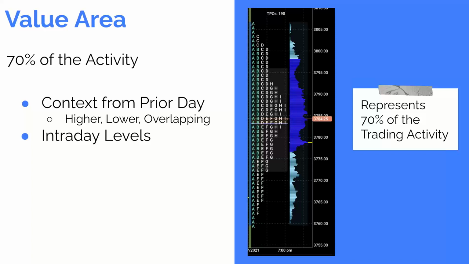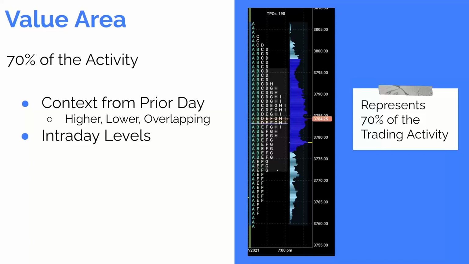For those of you who don't know what value area is, it's simply where the market has traded 70% of the activity. Think of one standard deviation from the POC. It's kind of hard to see in this graphic, but do you see this white shaded area, this box right here?